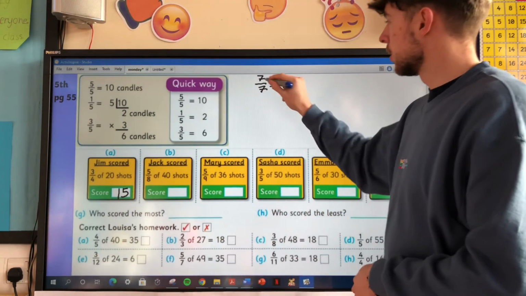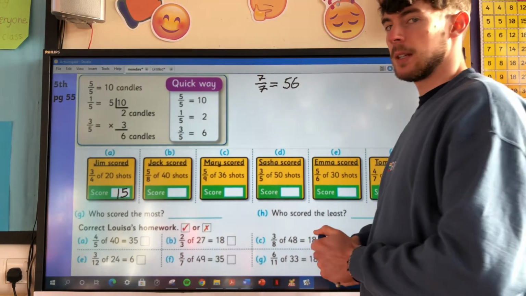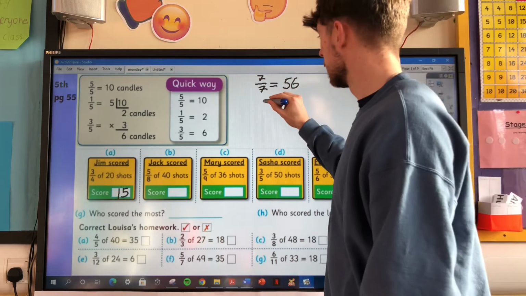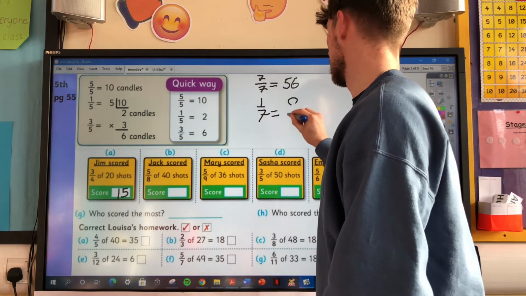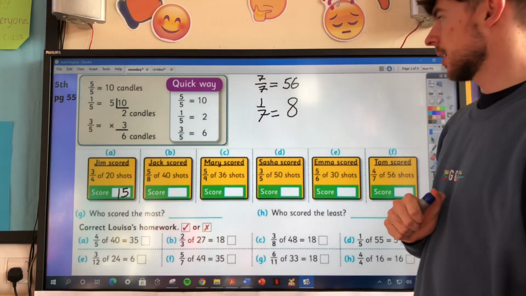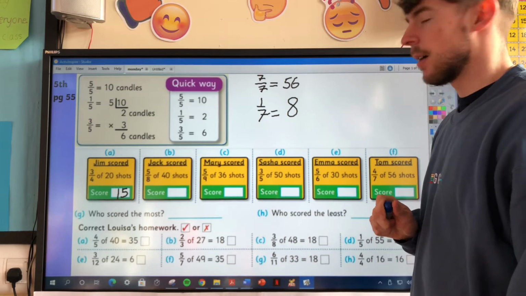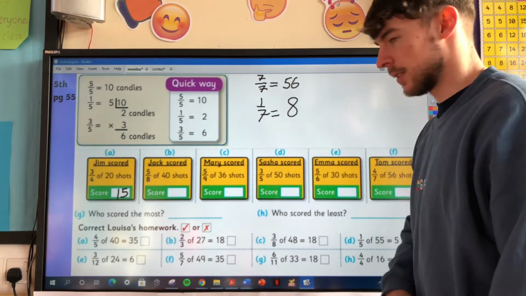So 7 into 56 goes how many times? How many times can we take away 7 from 56? 8, can't we? So 1 over 7 is equal to 8. Now, how do we find 4 over 7? We know what 1 over 7 is.